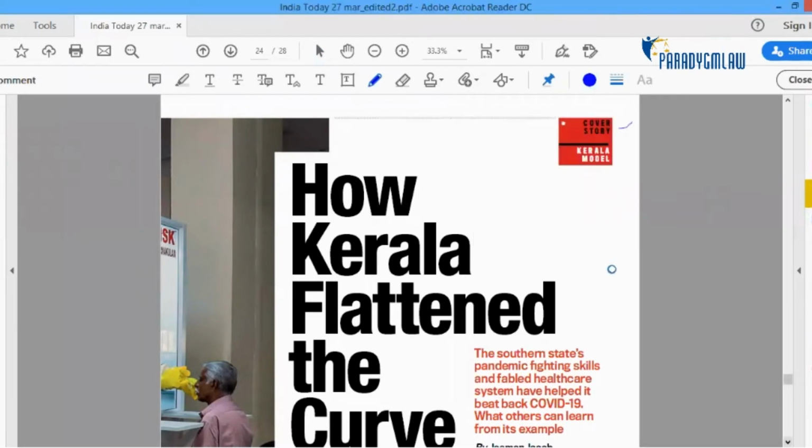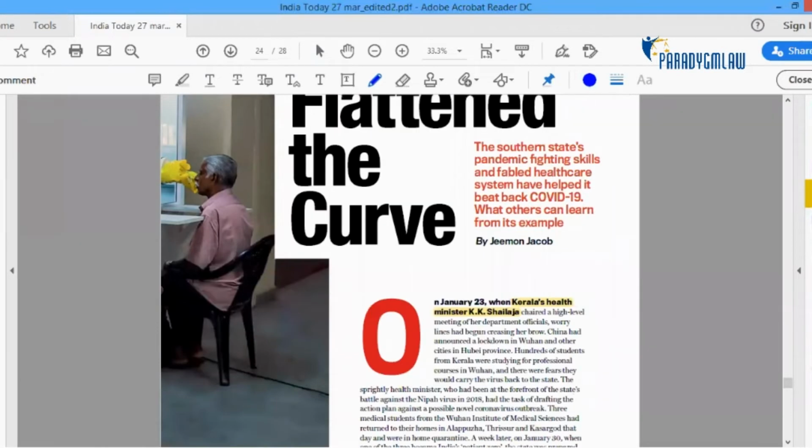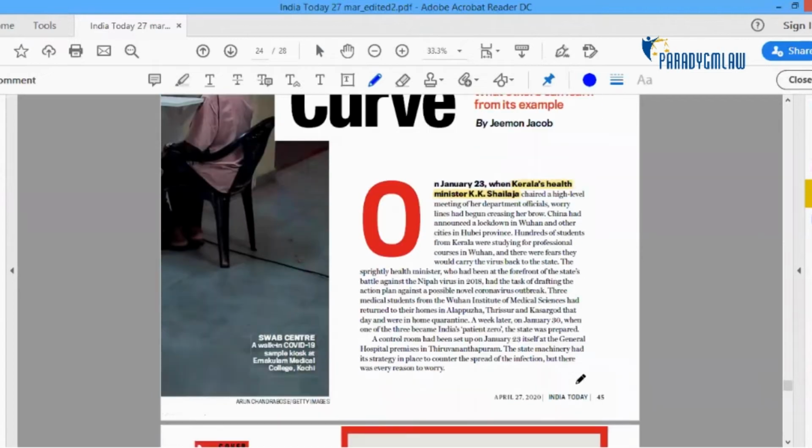The title of the article is quite clearly How Kerala Flattened the Curve. It's written by Jimoon Jacob, and this is about Kerala's healthcare system and how it's helped beat the COVID-19. So let's focus on this first paragraph.